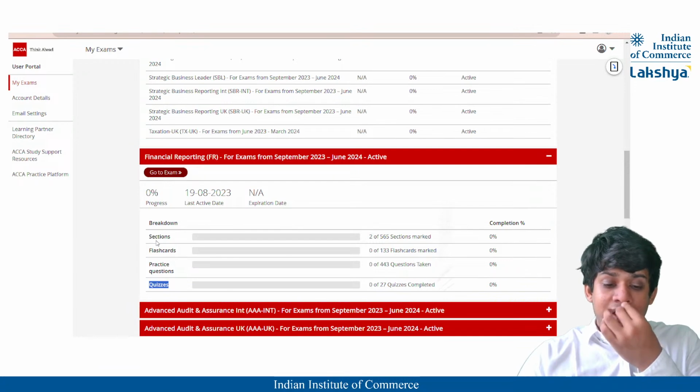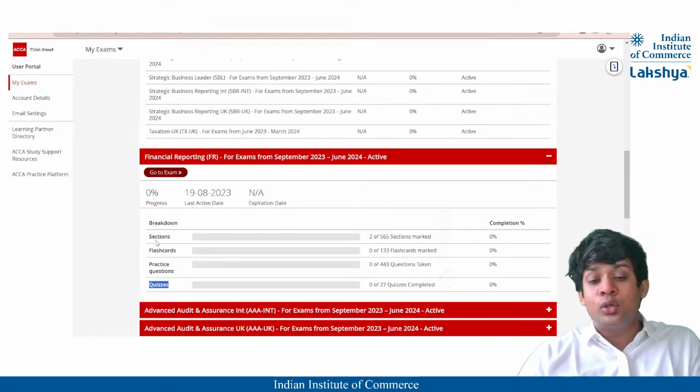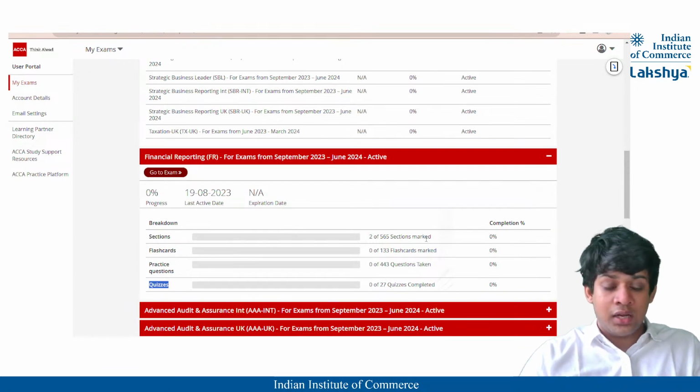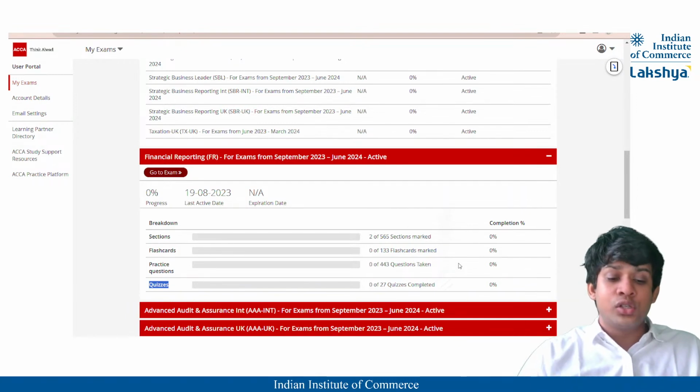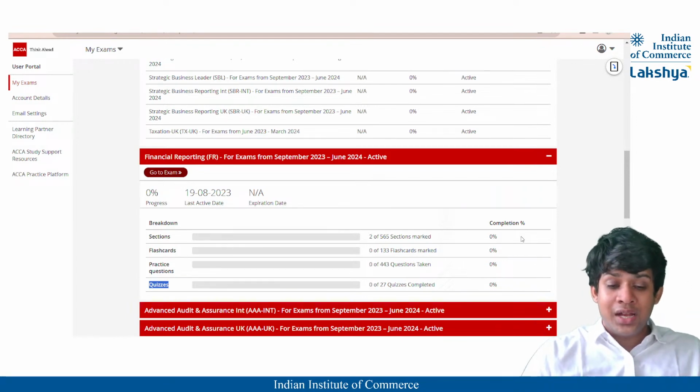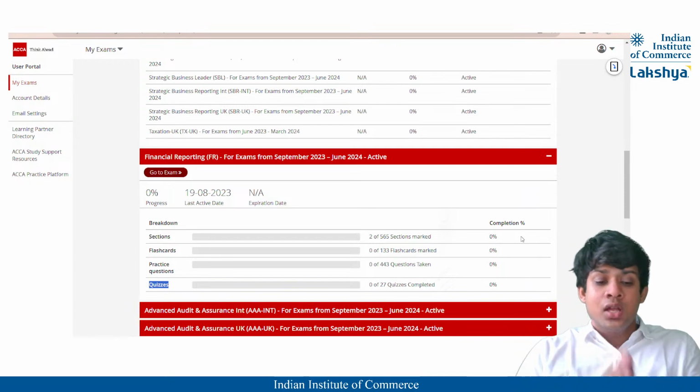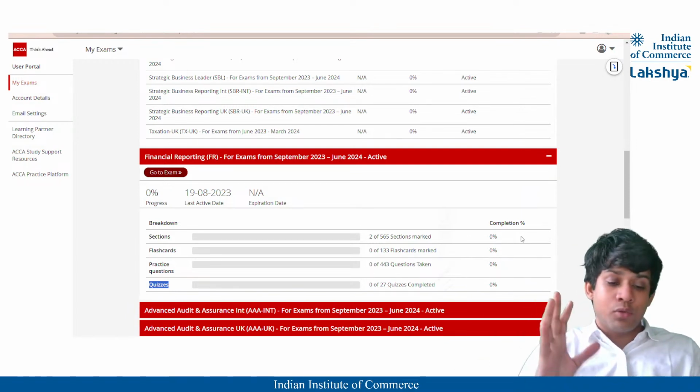Now this is actually quite a lengthy thing to do from ACCA Study Hub directly. Students who have relied till now on secondary sources, which are very good sources like BPP and Kaplan, can still rely on those sources. But ACCA Study Hub is also a very good thing, and since the information is provided by the primary source, it shall be relied upon the most.